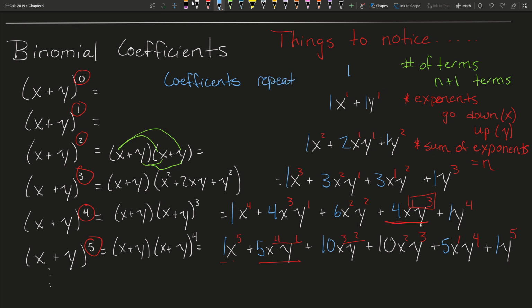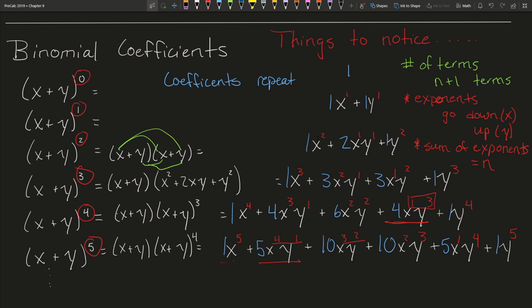So 1, 2, 1, 1, 3, 3, 1, 1, 4, 6, 4, 1, 1, 5, 10. This 10 should be blue. And then 5 and 1.